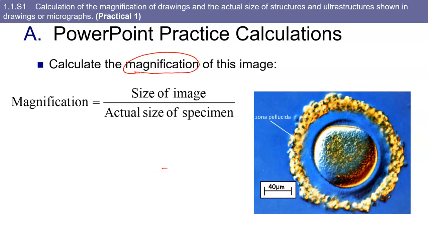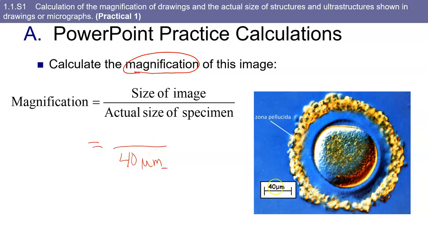So I know I'm solving for magnification, so I want the size of the image over the actual size of the specimen. Well, to solve this, I'm going to look right down here at the scale bar. Here's where I have an image and an actual size. That scale bar is telling me that the actual size that space represents is 40 micrometers. So I'm going to put 40 micrometers on the bottom.